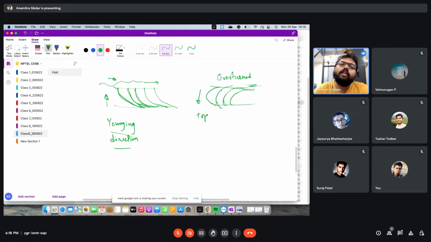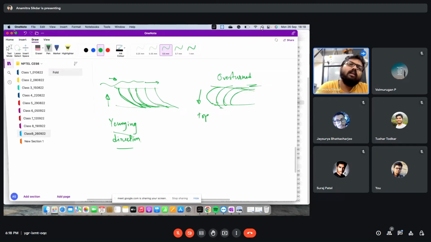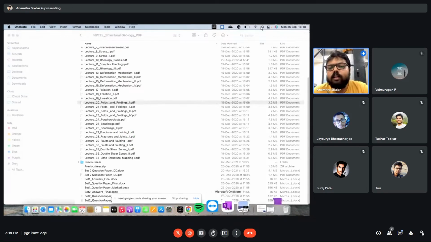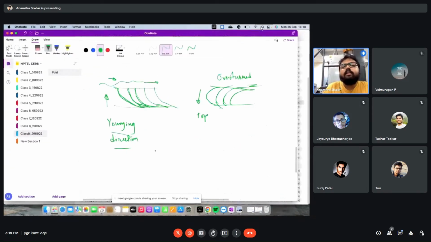These will also be considered as folds, but these are rare cases, and mostly we consider folds which have a geometry like this, right? Some material, maybe it has another material; this is one material and this is another material.